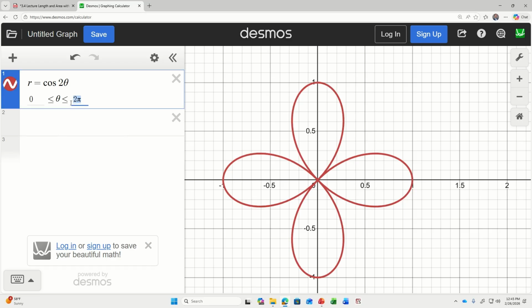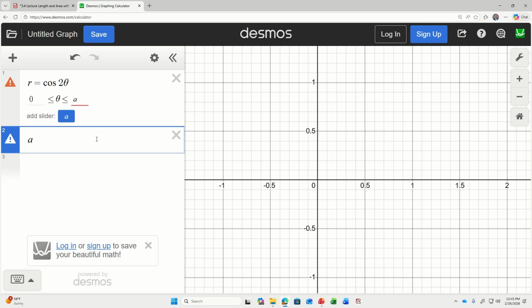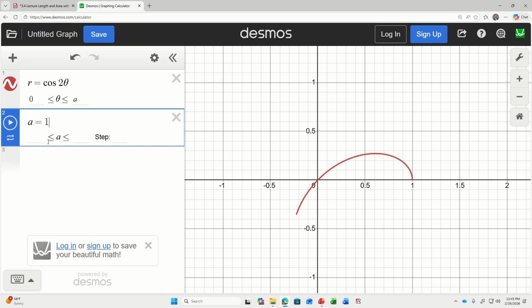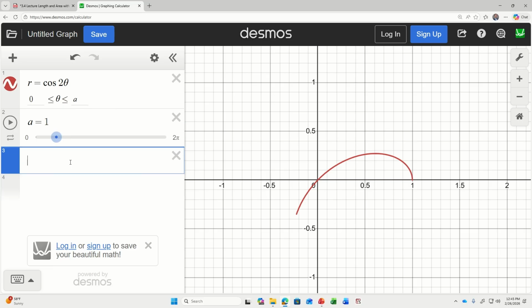So one thing I like to do on Desmos is change this to a variable like a, and then say a is equal to 1 or whatever. And you can set a to go from 0 to 2 pi. Because if you set up Desmos just like this, you can see how Desmos draws it. You just drag the slider around, and here's theta equals 0.